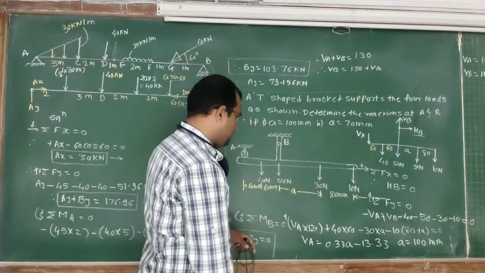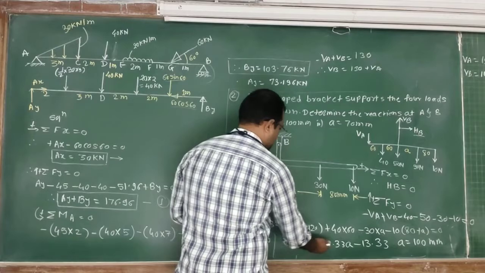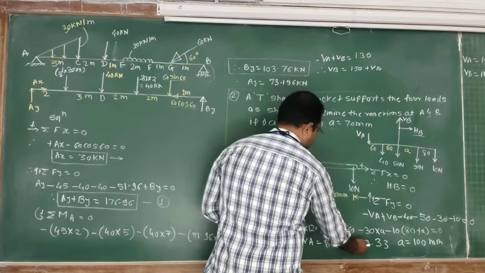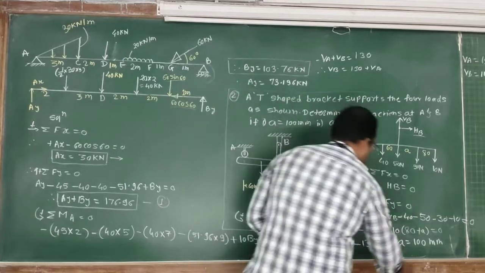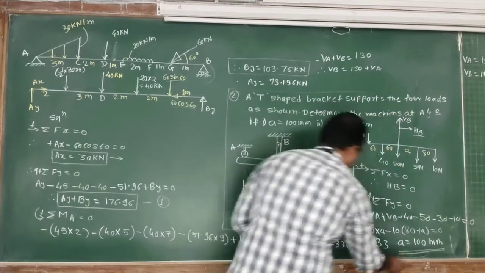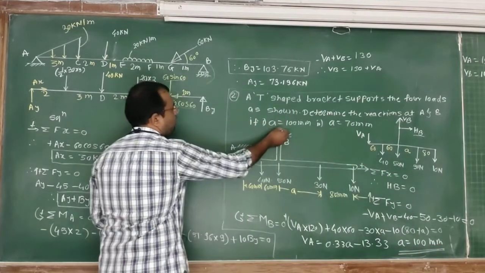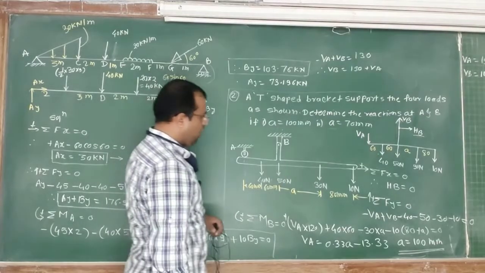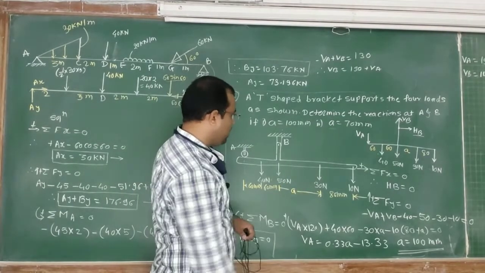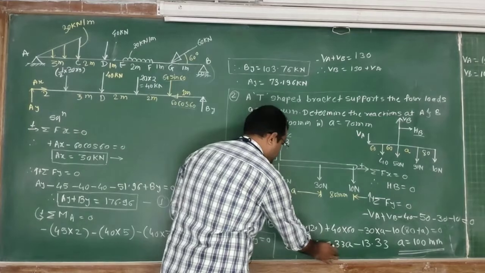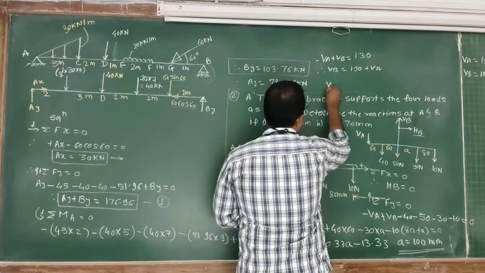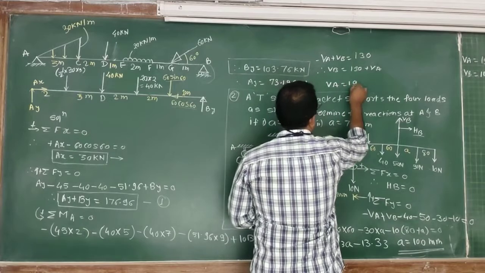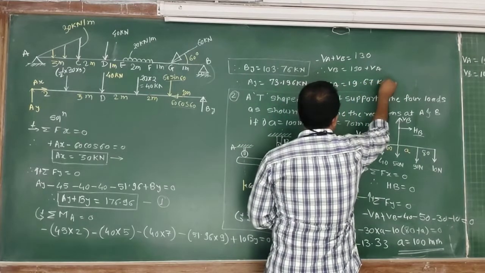So after solving this you will get one equation, VA is equal to minus 33.33 A minus 13.33. Now the first condition, if A is equal to 100, as mentioned over there, when A is equal to 100, we have to find out the value of VA. Substitute the value of A equal to 100 in this equation, you will get the value of VA, that is 19.67 kilonewton.